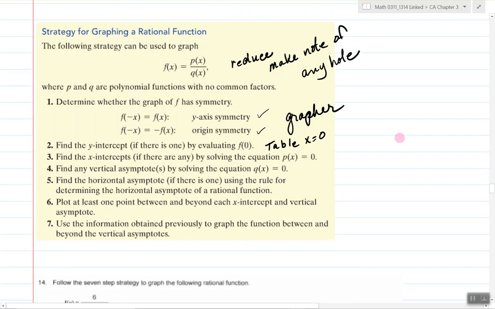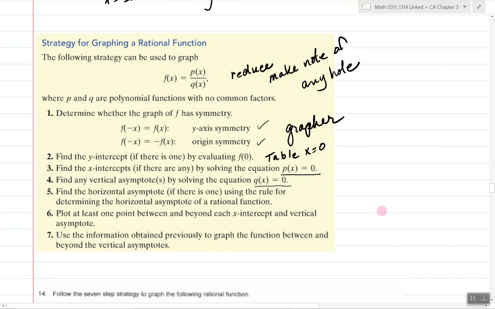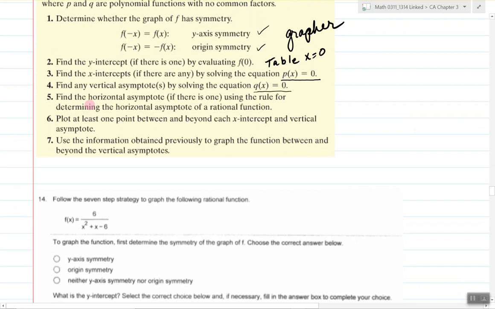X-intercepts, you're going to set the numerator equal to 0 and solve. Vertical asymptotes, set the denominator equal to 0. You will not be dealing with holes by the time you get to this point, because we're going to reduce it to lowest terms early in there. All right, horizontal asymptote, we work with degrees n and d.